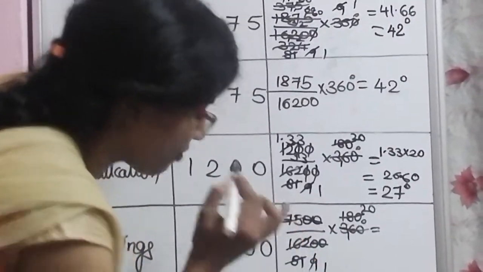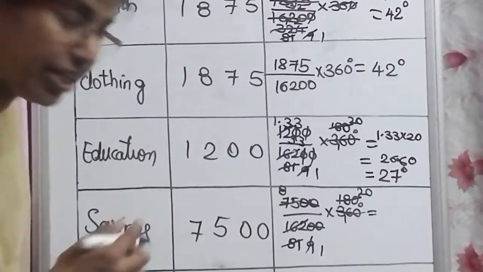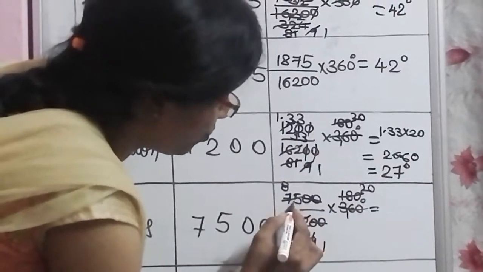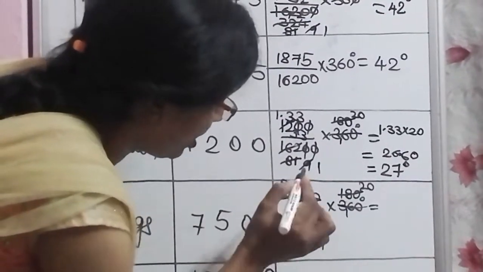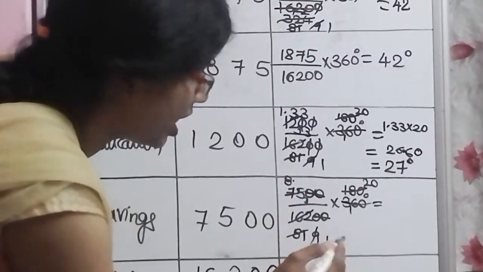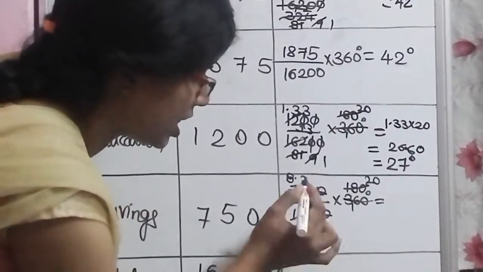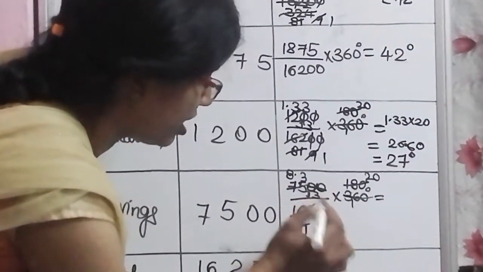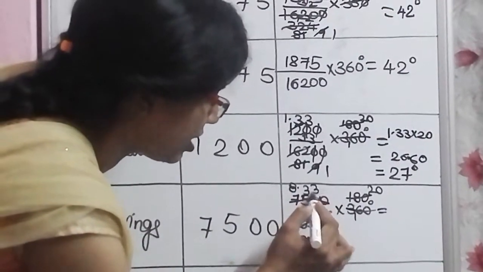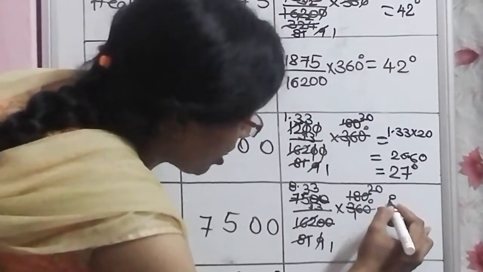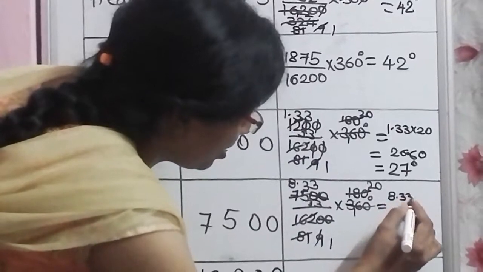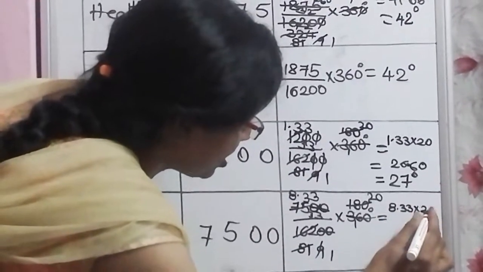9 8s are 72. So 72 means 3 is the remainder. Point, if I keep 30 I will get. 9 table. 9 3s are 27. 30 minus 27 is 3 again. 0 if I take, it is 3. So this is nothing but 8.33 into 20.